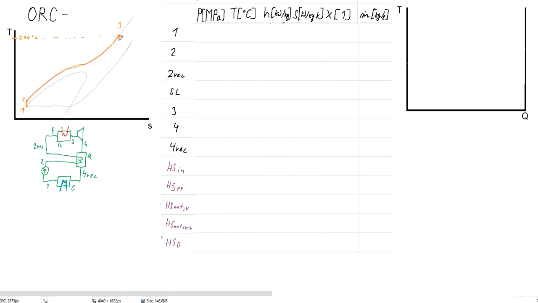Now there will be the expansion to the point 4, eventually some recuperator, cooling down to the saturated vapor and condensing.